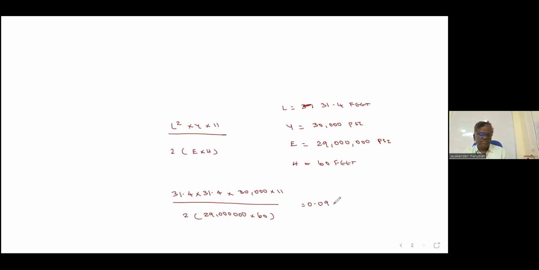So 31.4 multiplied by 31.4 multiplied by 1000, 11, divided by 2 into 29 into 6.